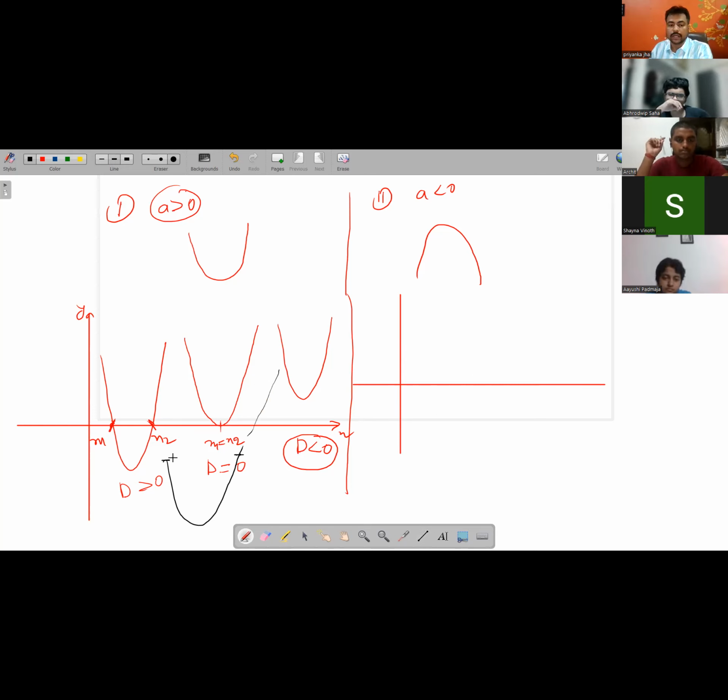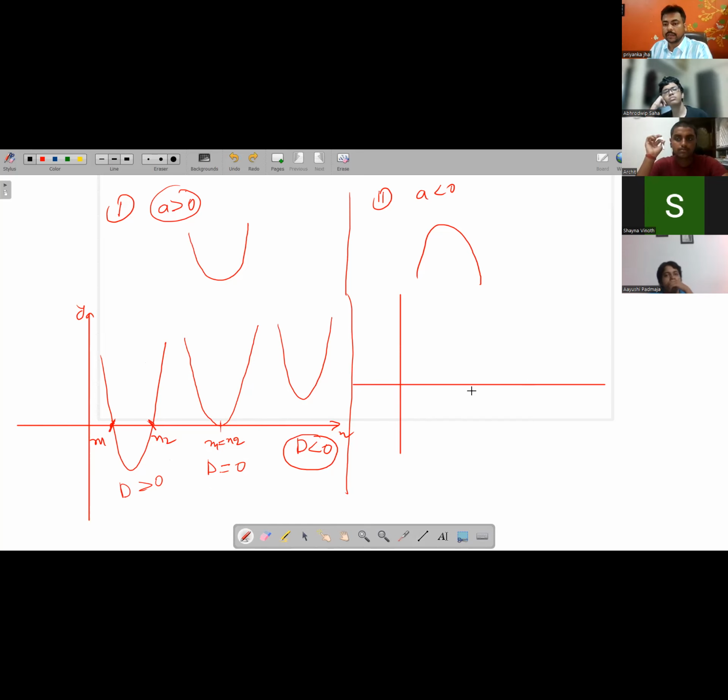It will go ahead and intersect the x-axis. If you say this is neither touching nor intersecting the x-axis, so we can have this curve below the x-axis as well. No, that is not possible because you cannot stop a ray of light. It will go ahead and definitely intersect the x-axis. So this cannot be a possible case.